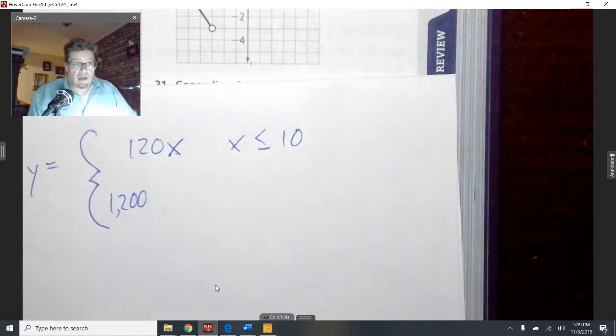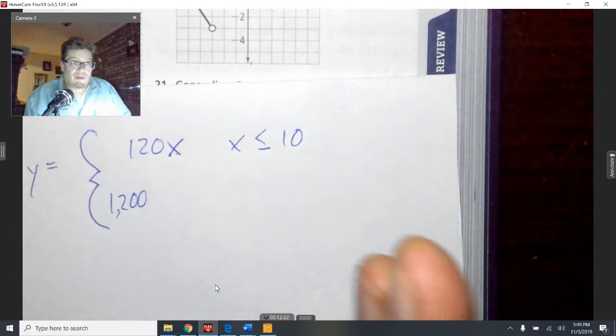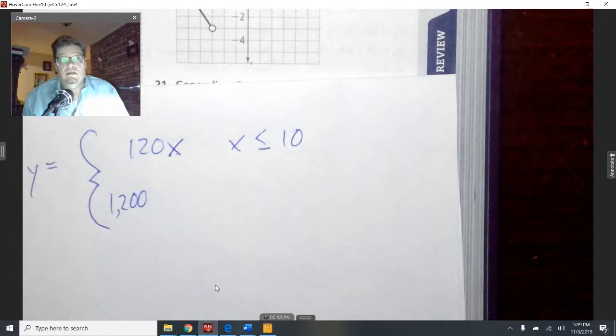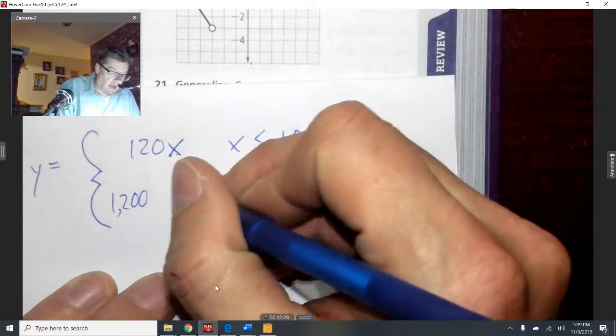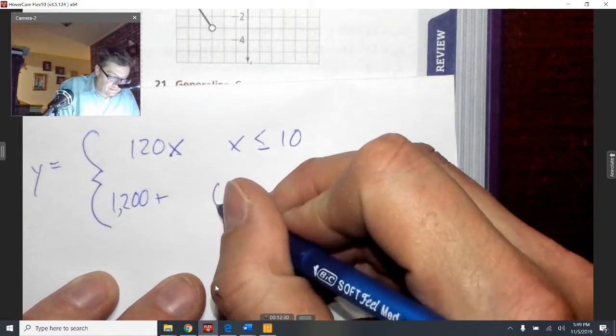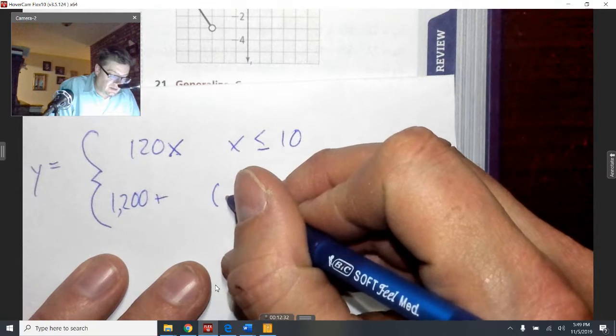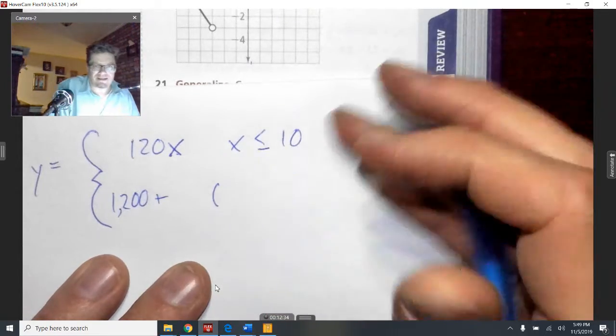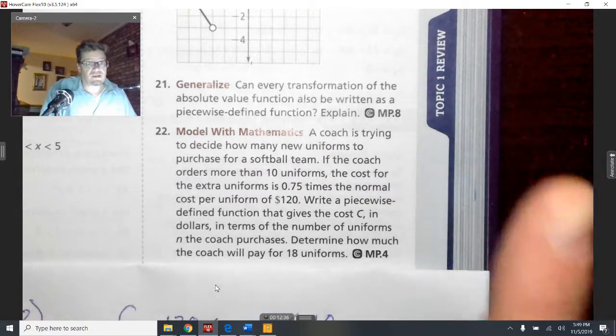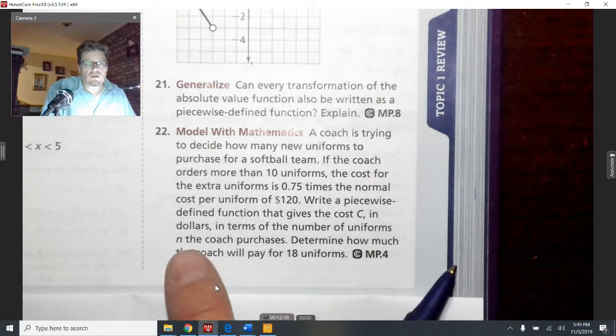$1,200. That's for the first 10. Okay? Now, that's the 10 aside. Now I want every number that is more than 10. 11, 12, 13, etc. So I'm going to have to add any number. Now I put x. This, to be very specific, should be n.